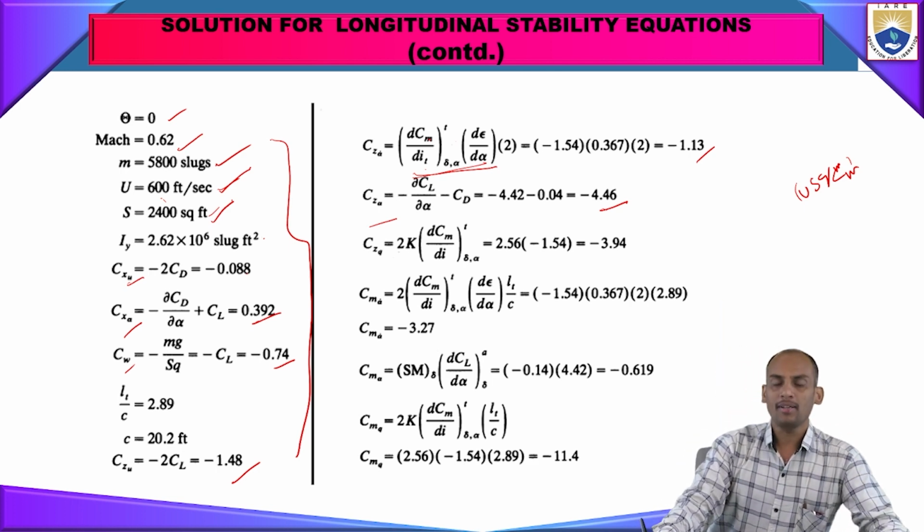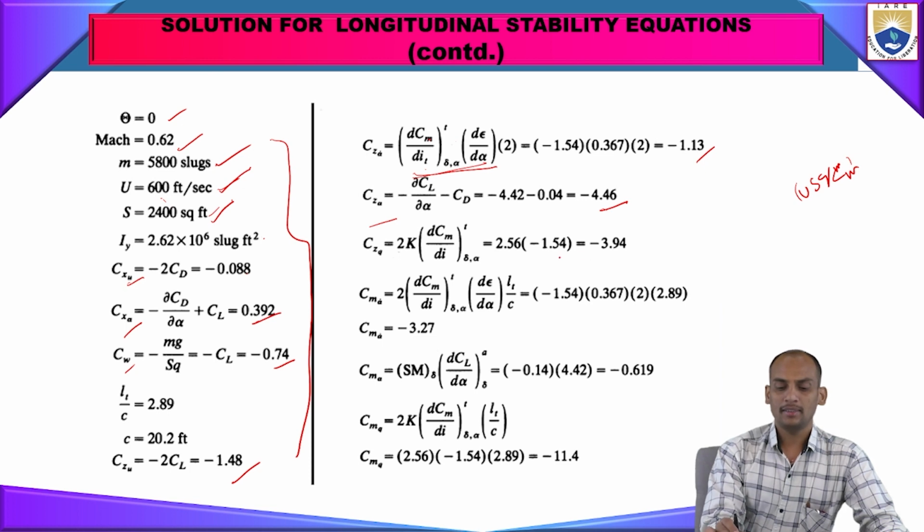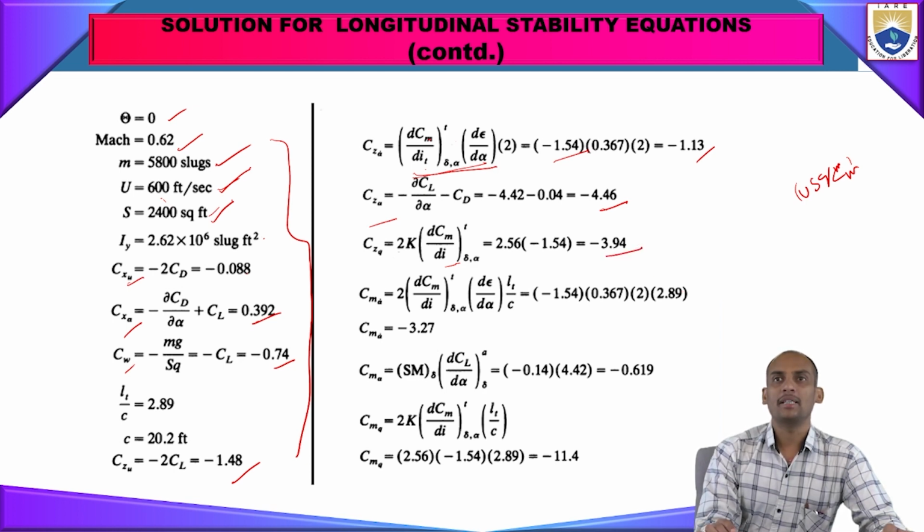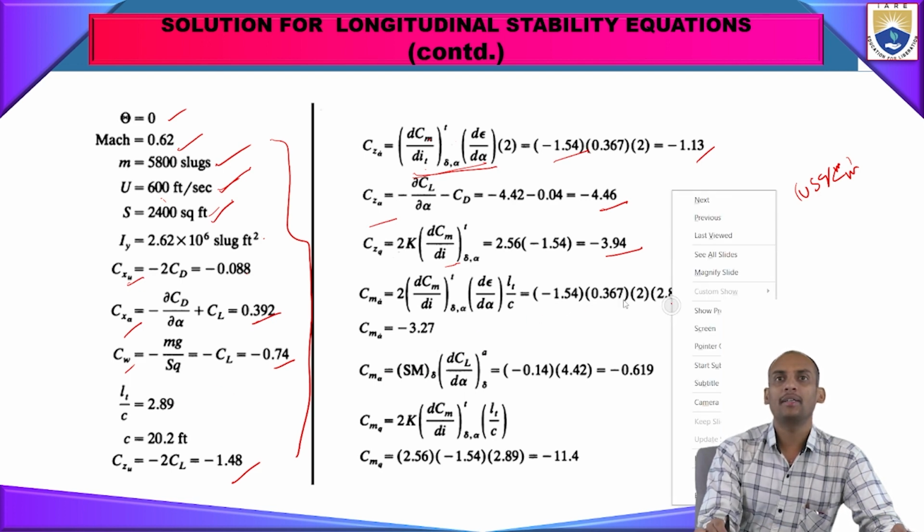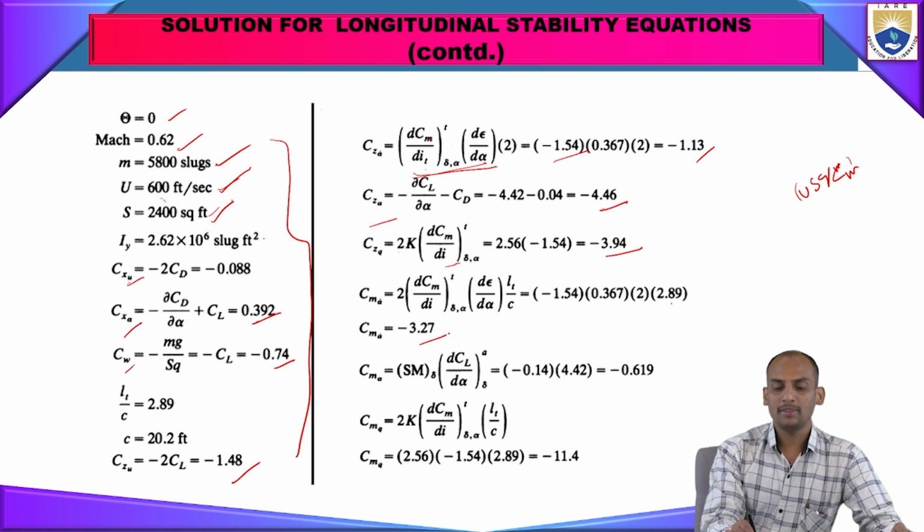And CZQ also, take it from 2K into dCM by d-epsilon. The dCM by d-epsilon we already got, 1.54. So if you multiply that, we got minus 3.94. And the CME is again dCM by d-epsilon into d-epsilon by d-alpha into LT by C. That LT by C also we have substituted here, and the total value is 3.27.